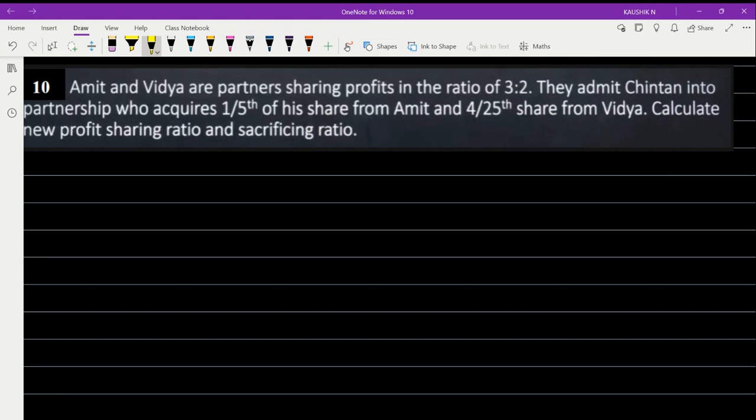The problem says very clearly: Amit and Vidya are partners sharing the profits in the ratio of 3 is to 2.